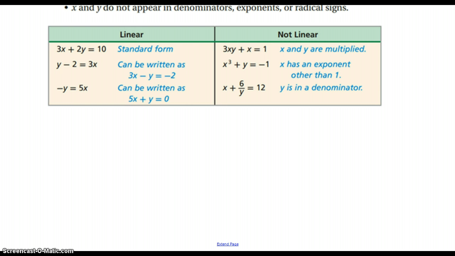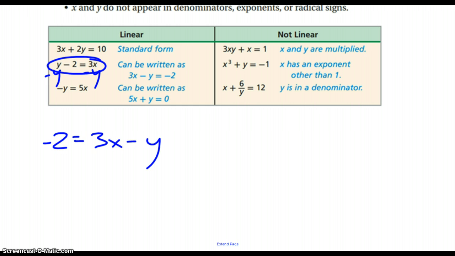But you can see even with this example here, this is a linear equation, because if I subtract y on both sides of the equation, I get negative 2 equals 3x minus y. Now we are in standard form. That's a linear equation.